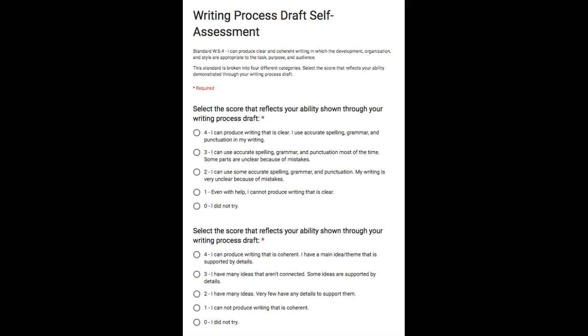The way it works is I have each part of the rubric as a question. So you're going to select the score that reflects your ability shown through your writing process draft. Thinking of the paper that you turned in, you're going to check if you think that it showed a certain skill. So can you produce writing that's clear? Can you use accurate spelling, grammar, and punctuation? If you think, yeah, my draft did show that, then you would select a 4.